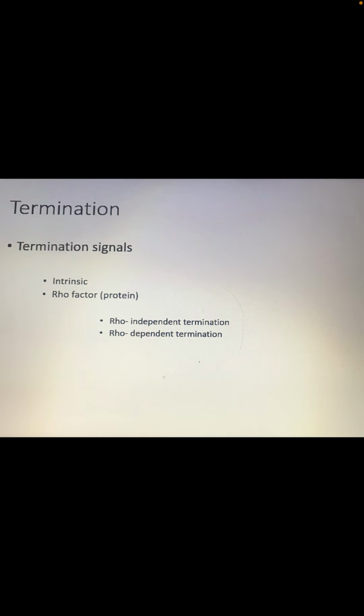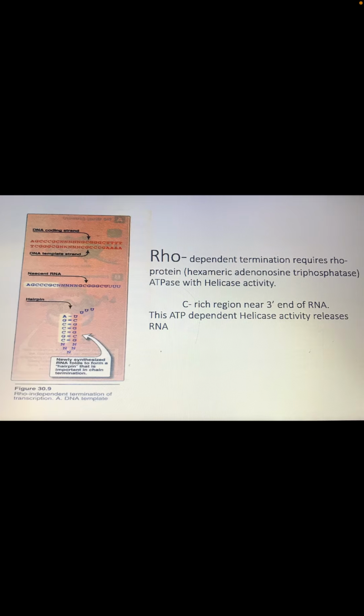So intrinsic termination could be called Rho independent termination because no Rho factor or protein is required for this specific type of termination. While in the other type, which is the Rho dependent termination, special types of proteins known as Rho factor are involved for the termination of this RNA synthesis.